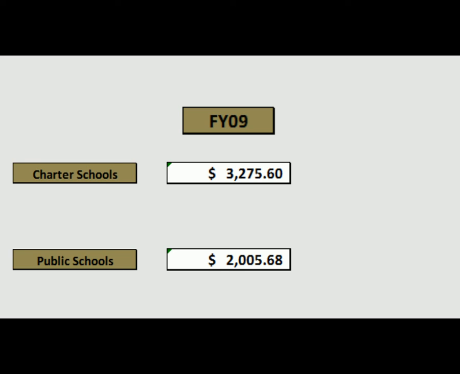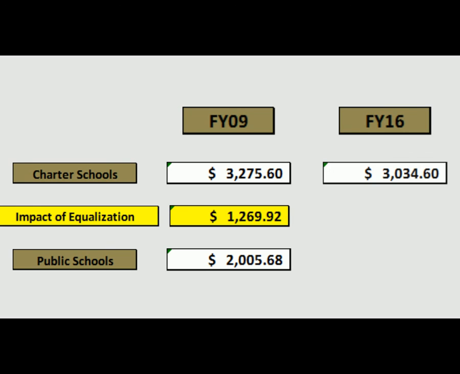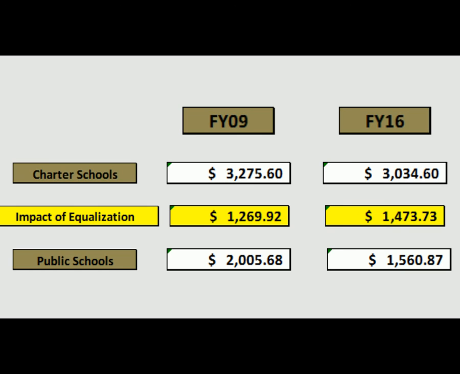This difference of $1,269.92 was the impact of equalization. In fiscal year 16, charter schools received $3,034.60 per child, while public schools barely received half of that, at $1,560.87. The impact of equalization having grown to $1,473.73.